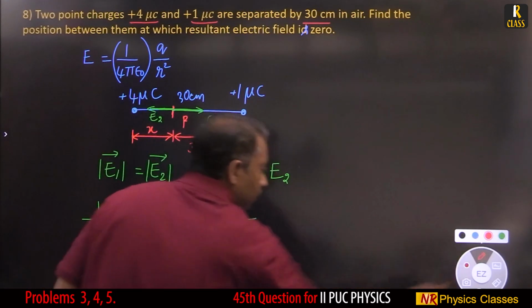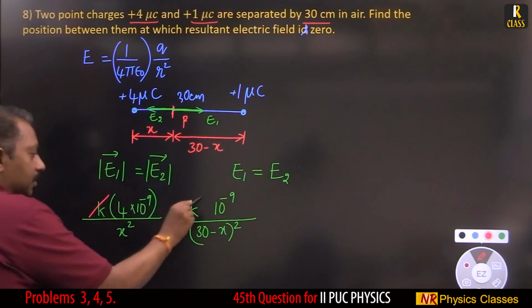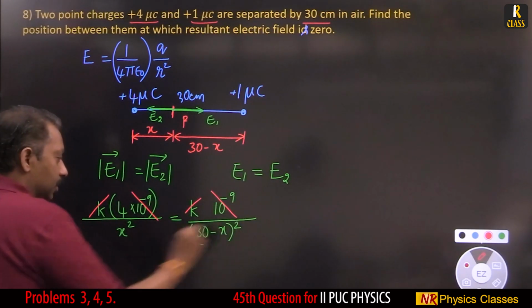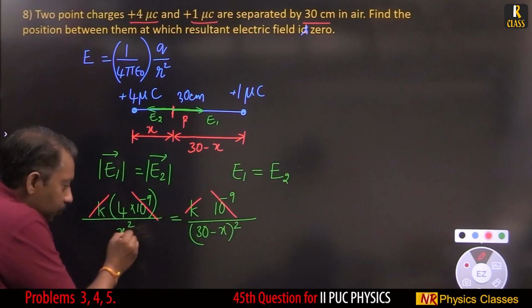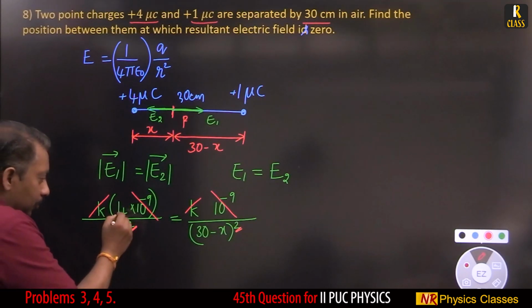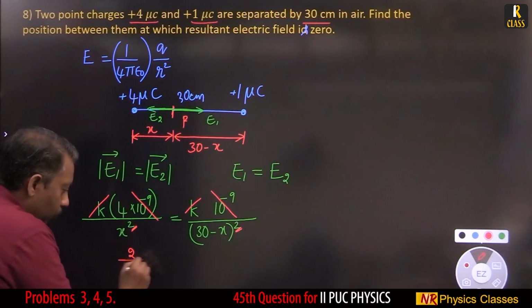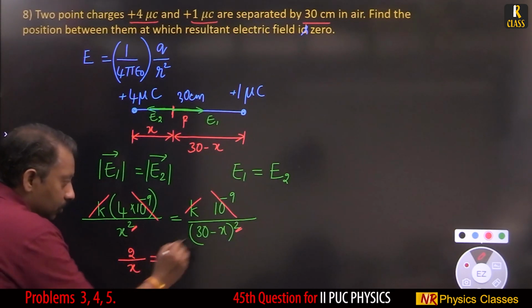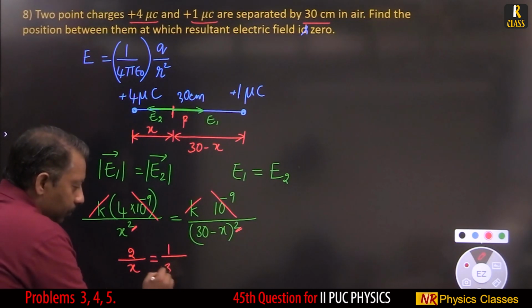Now k gets cancelled, 10 to the power of minus 9 gets cancelled, there is a square, so take the square root. So square root of 4 becomes 2 by x equal to 1 by 30 minus x.